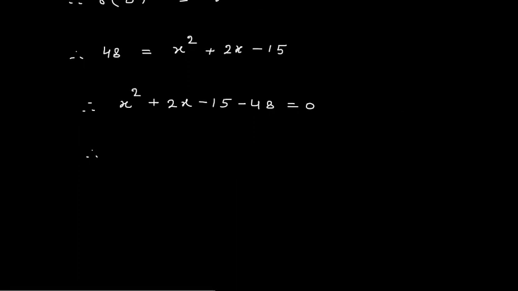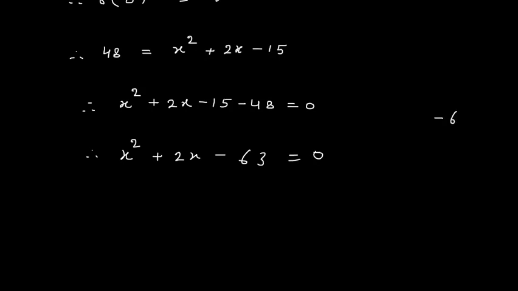So therefore it will give us x square plus 2x minus 15 minus 48, which is 8 and 5 is 13, and 4 and 2 is 6, so minus 63, is equal to 0.